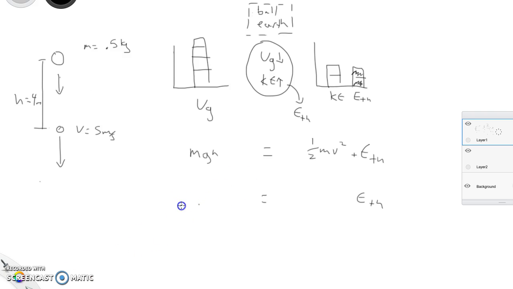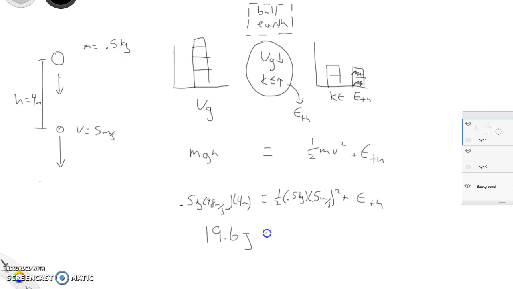Okay, so potential energy: 0.5 kilograms, 9.8 meters per second squared, times a height of 4 meters. For kinetic energy: 1/2 times 0.5 kilograms, times a velocity of 5 meters per second, and that's squared.